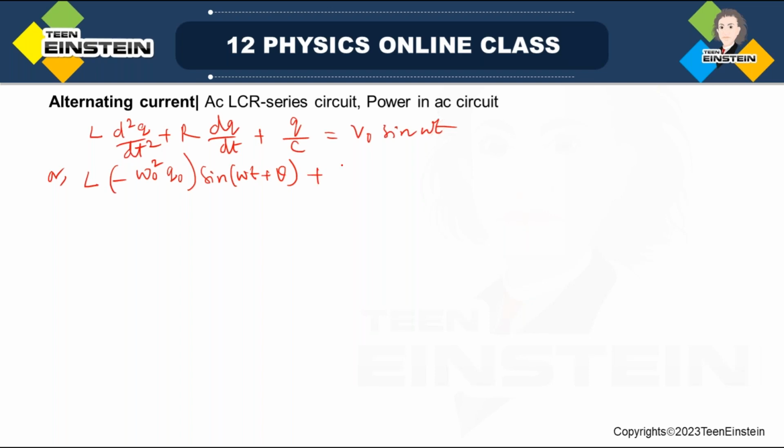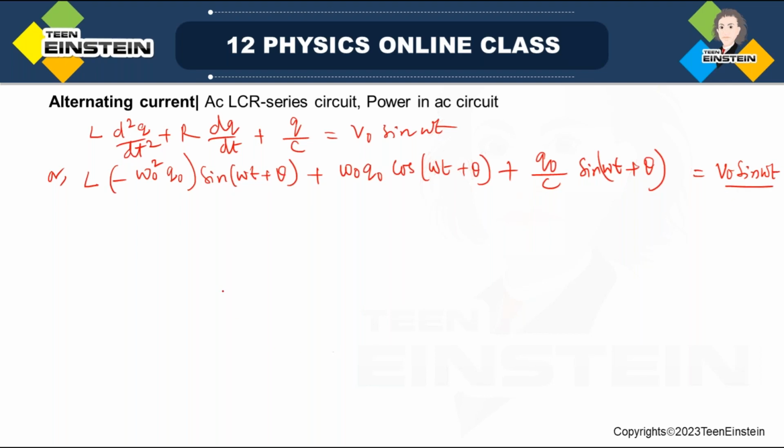With the single derivative, we get omega q0 cos of omega t plus theta. Q by c, I'll write q0 by c sine omega t plus theta, is equal to v0 sine omega t, the supply voltage, right?